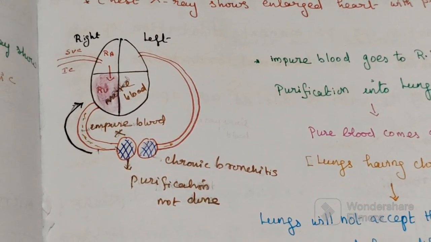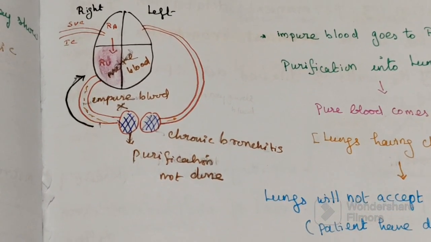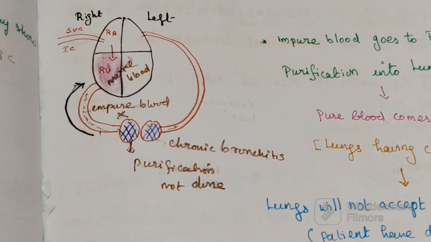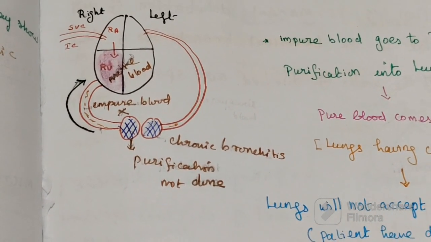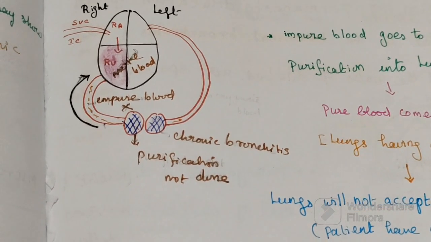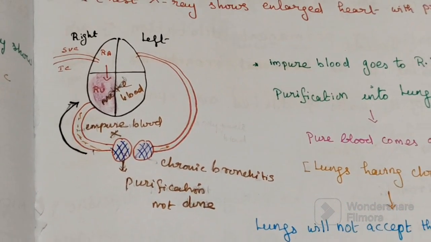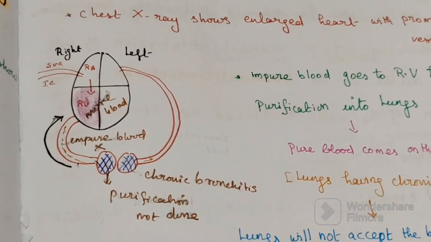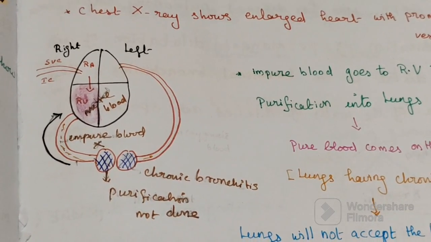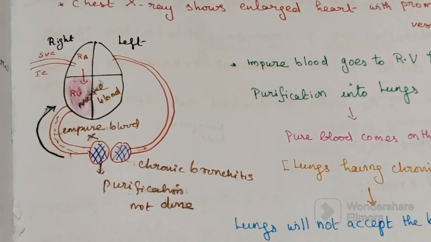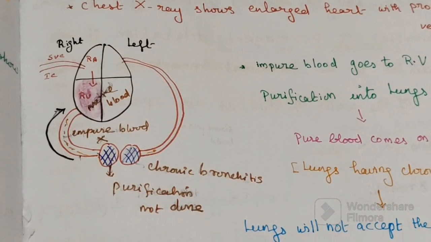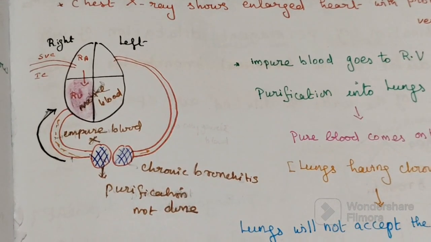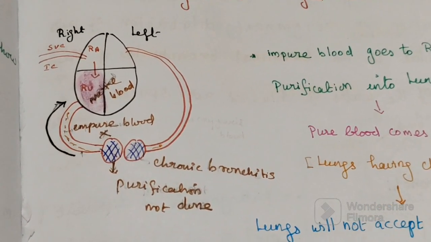Now the lungs have chronic bronchitis. These lungs will not accept blood for purification because the patient has breathing difficulty. Purification of blood will not be done, so the blood will return to the right side of the heart.